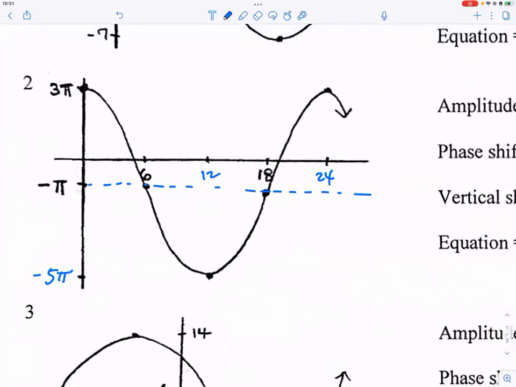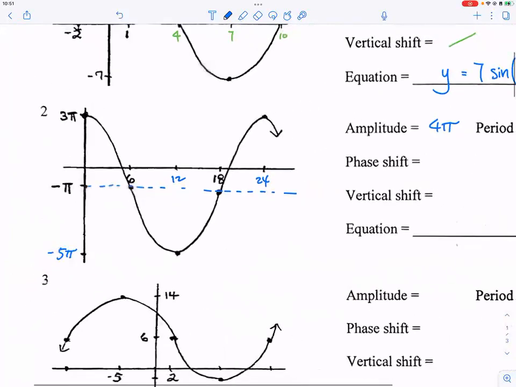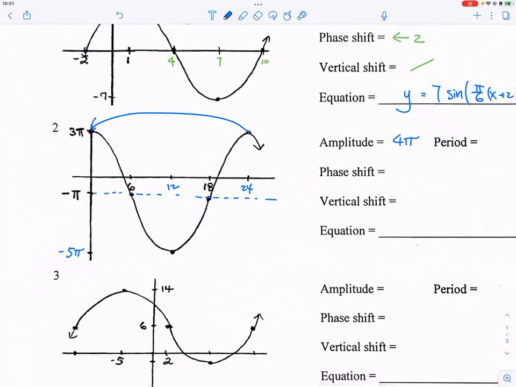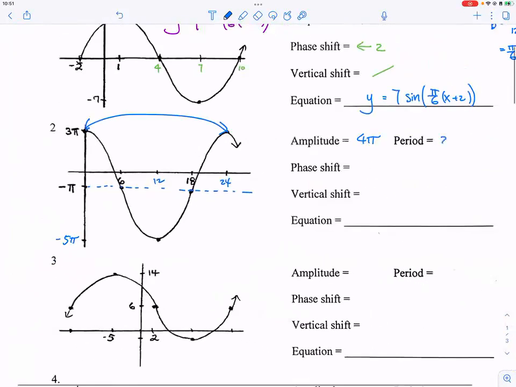So what is the period? 24, right? From here to here, it's 24. Period's 24. Any phase shift? Nope. Any vertical shift? Down pi. So therefore, y is equal to 4 pi cosine of, what's the b value?